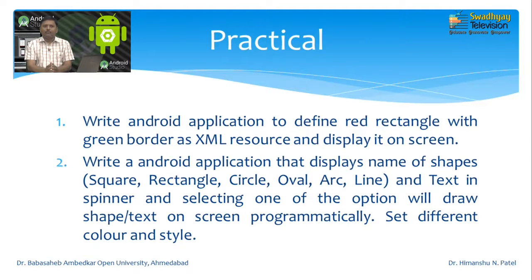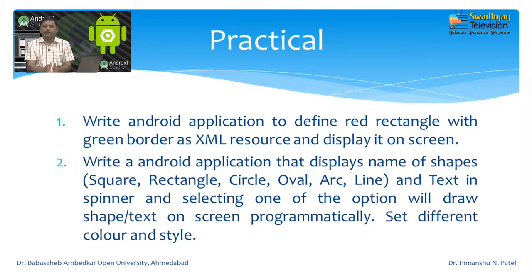So, we first define one graphic in an XML resource and fetch it in image view, and in the second case we will create shapes dynamically based on selection from the spinner.